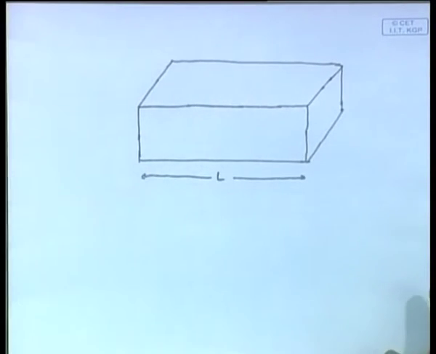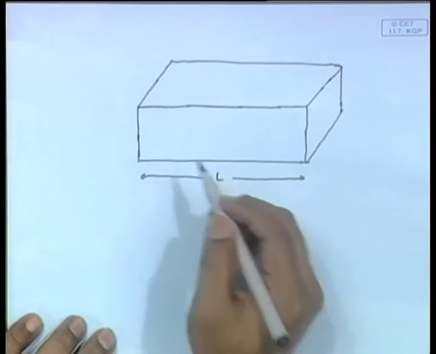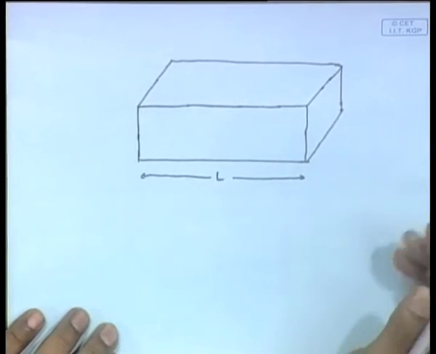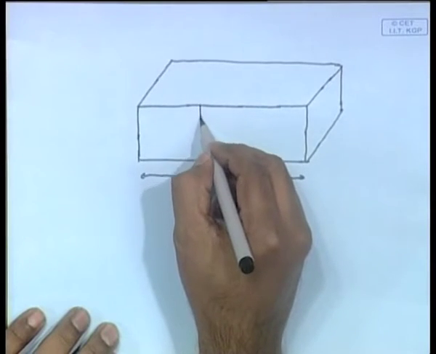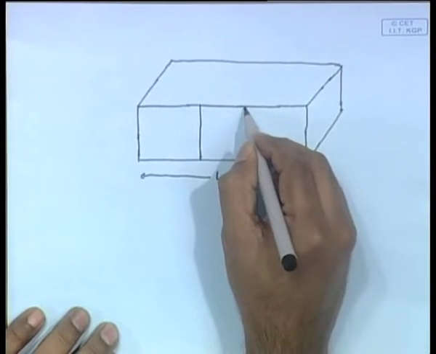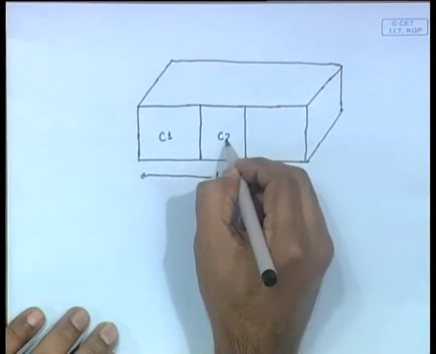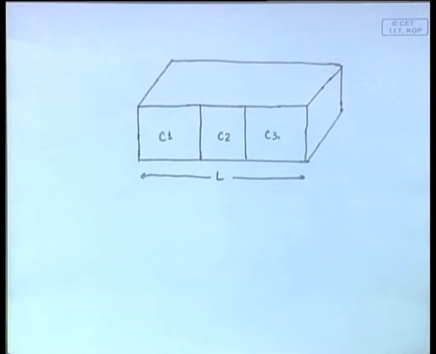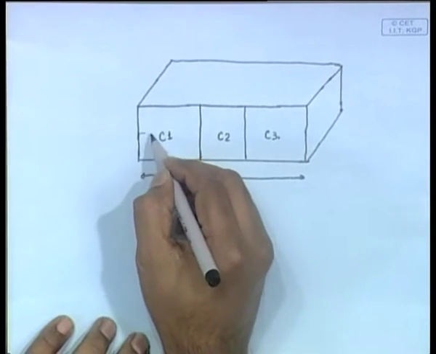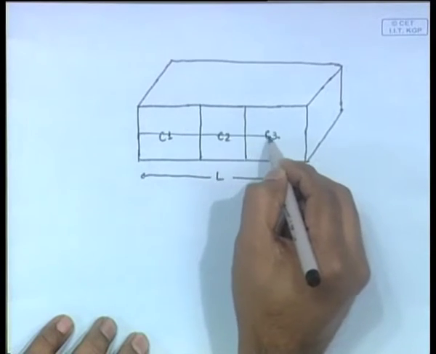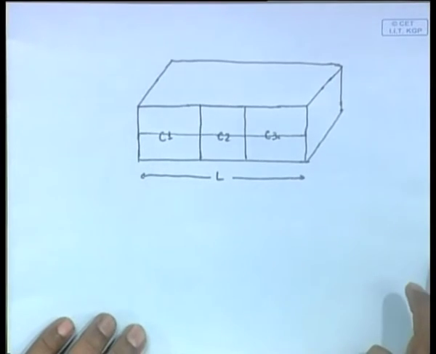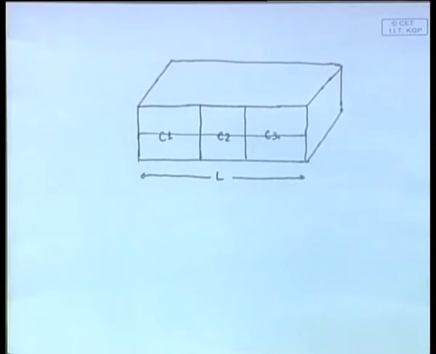So, you have a box shaped barge, it's just a box, and for this problem we will say that it's a box that has three compartments: compartment 1, compartment 2, compartment 3. It is floating at some particular draft.